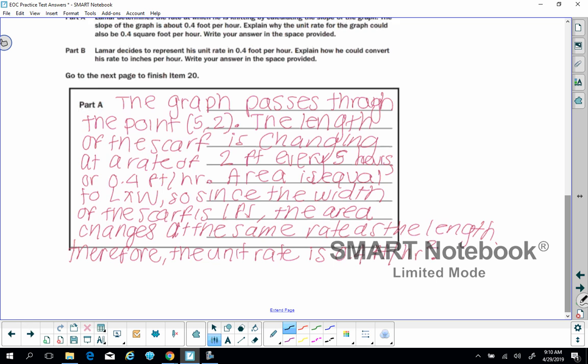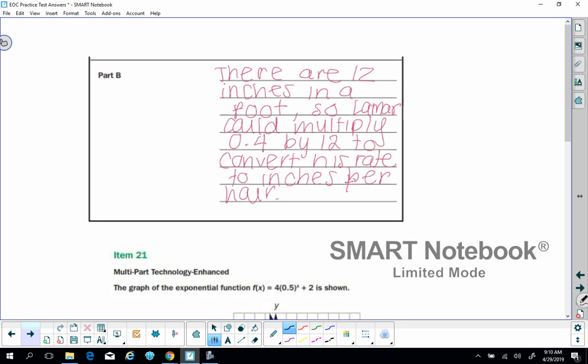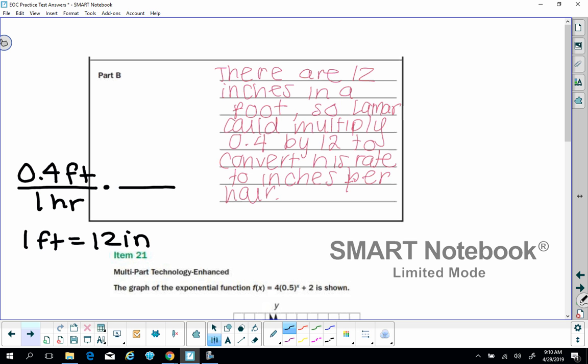The next one I'm looking at is part B, and they're asking me to put it from feet to inches. So I know if it's 0.4 feet per hour, they want you to get it into inches. So I know my conversion ratio is 1 foot equals 12 inches. And so feet's at the top here, feet goes on the denominator here, so 1 foot is 12 inches.